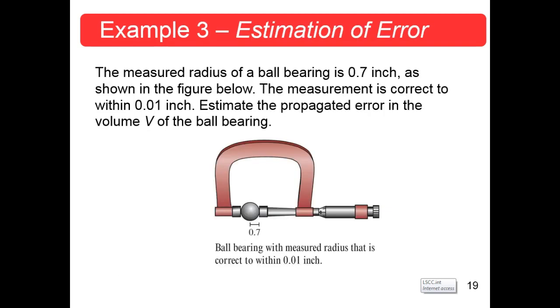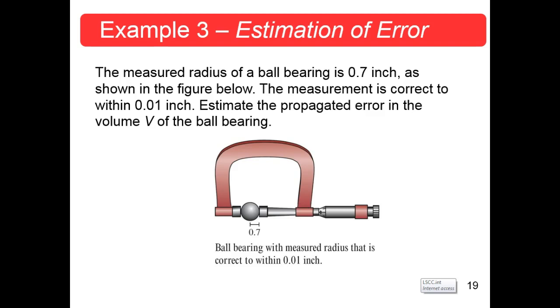Okay. So here's example 3. The measured radius of a ball bearing, and this is a stupid statement here, okay? The measured radius of a ball bearing, you don't measure the radius of a ball bearing. What they're showing here is the diameter of a ball bearing.